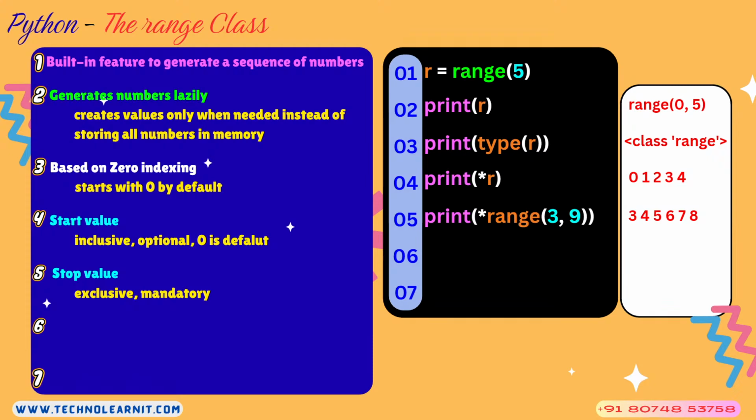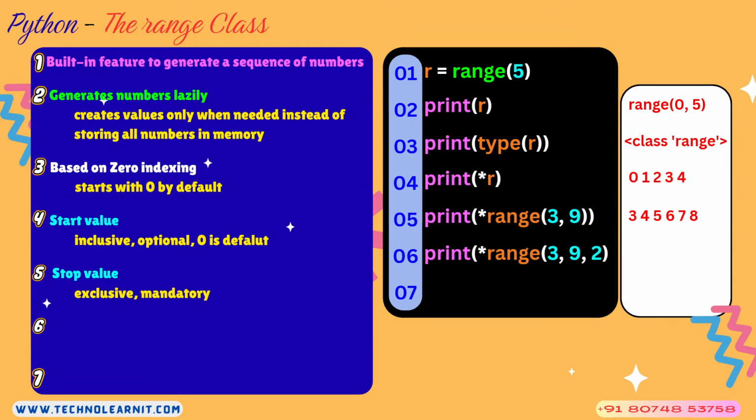That is where we say start value is optional. In statement 1, you did not mention any start value. Still, it assumed the starting value as 0. In statement number 5, you explicitly mentioned the start value, which is 3. And you also explicitly mentioned the end value, which anyways is mandatory to mention. So 9. So it could generate the numbers 3, 4, 5, 6, 7, and 8.